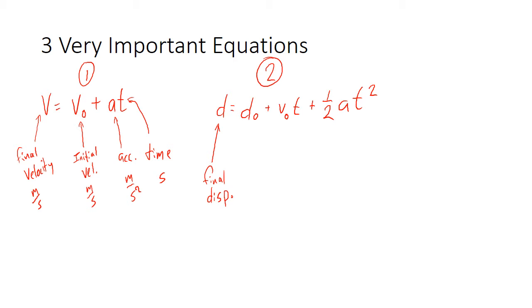So final displacement, and that's going to be in meters. This guy right here, his brother, is going to be initial displacement, and it's also going to be in meters. v0 is the same as the other v0. It's initial velocity. You got a time, you got acceleration, you got the time again. So these are the same thing. These will always be the same number. These will always be time, in seconds.